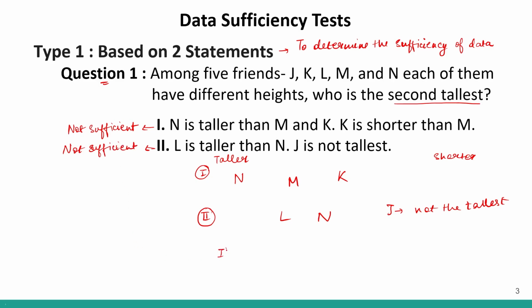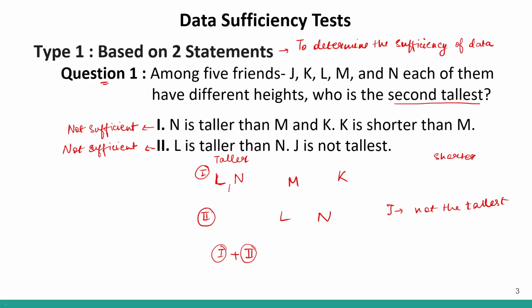Now let me combine the first statement with the second statement. If I combine the second statement with the first, I get an additional position of L, because L is taller than N. Now we know that J is not the tallest.